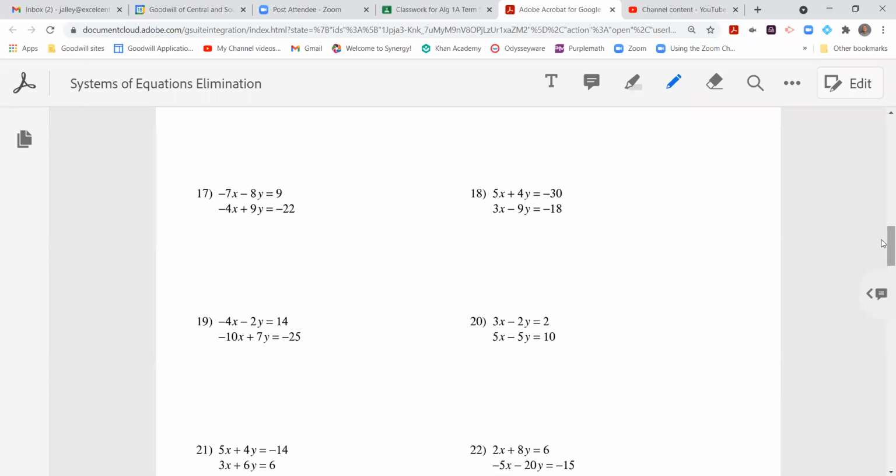Minus 7x minus 8y equals 9 for one equation. Minus 4x plus 9y equals negative 22.